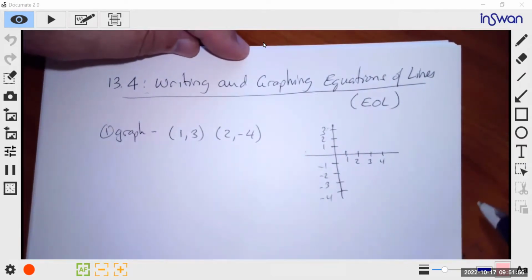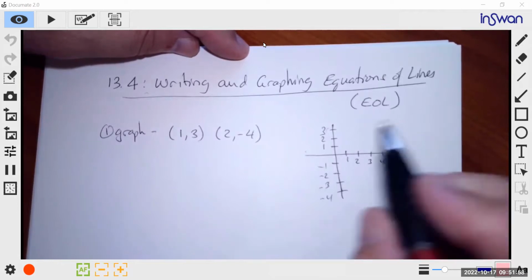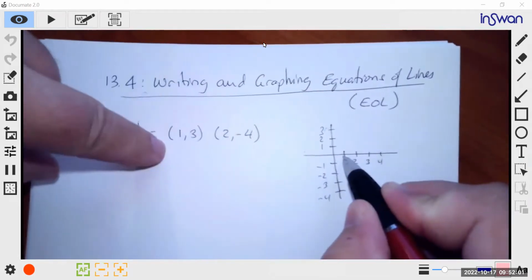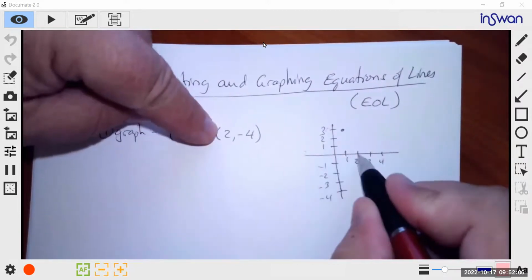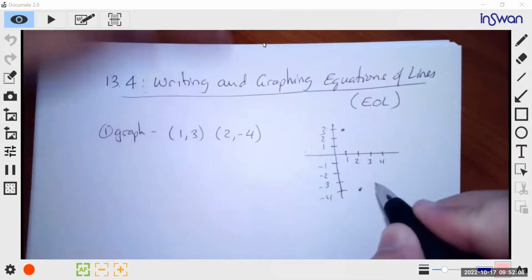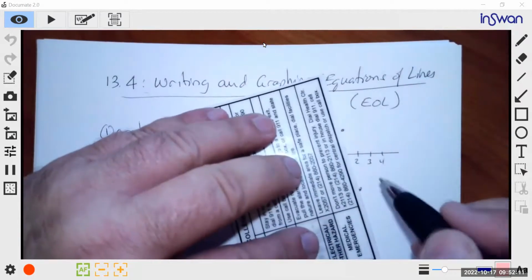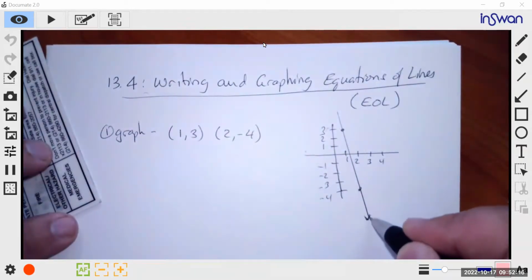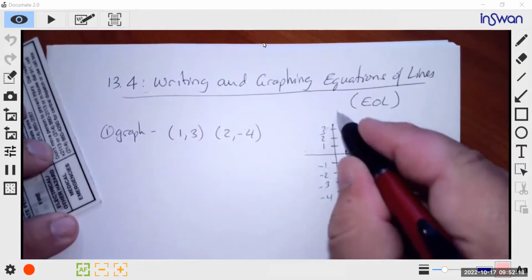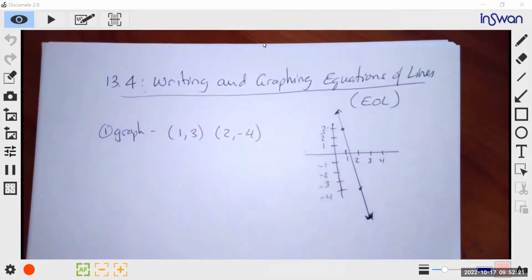So to graph these, what do you do? Just plot them. Go to 1, that's the x, go up 3. That's point 1. Go to 2, down 4, that's point 2. Connect the dots, and there's my graph. So if I give you 2 points, just plot the 2 points and you're done. That's the easiest way.